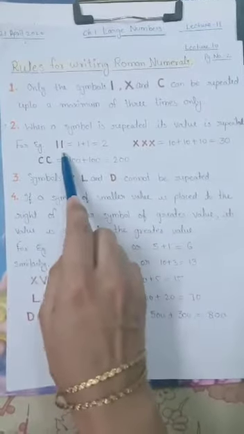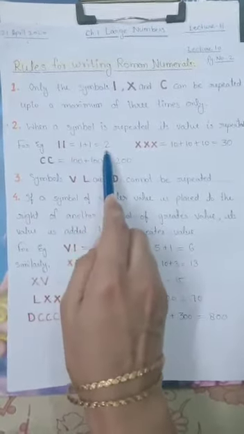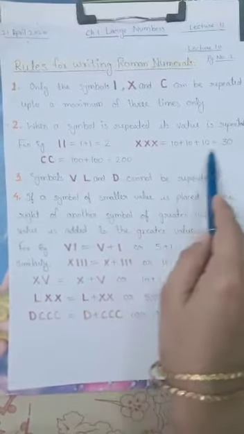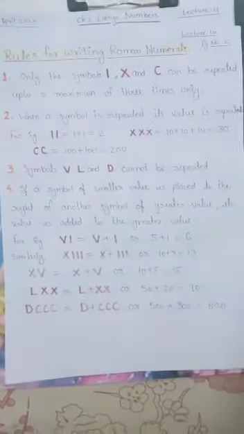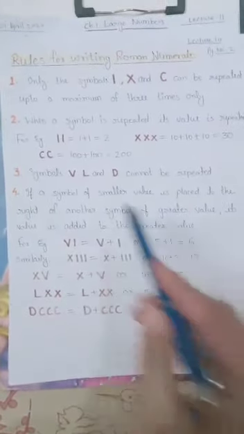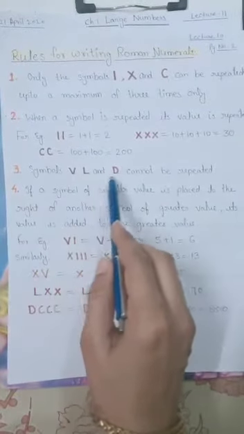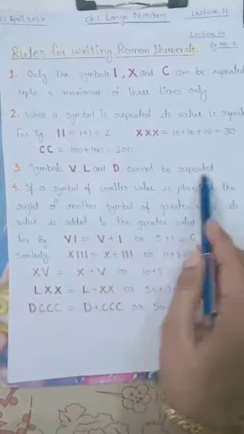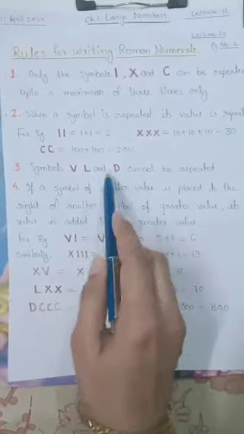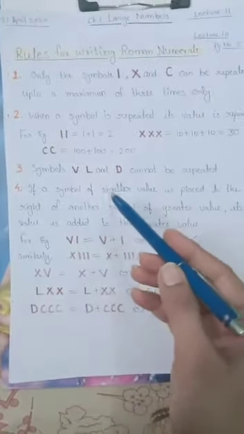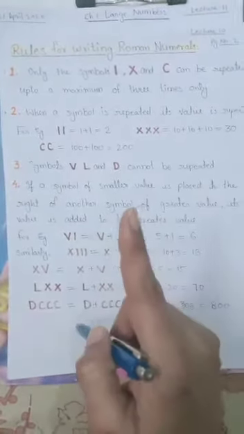Like this repeated 2 times, then the value is also repeated; this repeated 3 times, then the value is repeated 3 times. Now rule number 3: symbols V, L and D cannot be repeated. They can be used only 1 time.